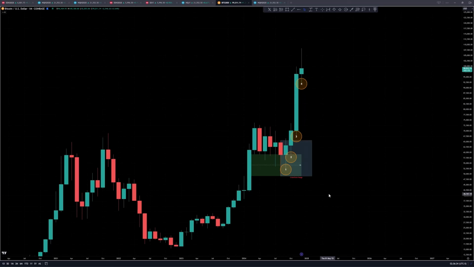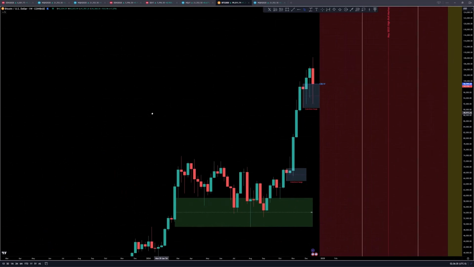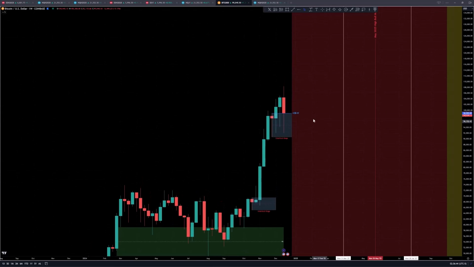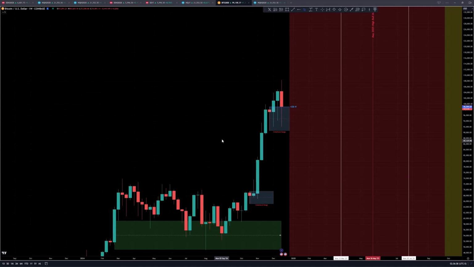Und wir müssen mittlerweile auf den Wochenchart übergehen und schauen, ob wir hier in diesen roten Bereich gehen. Rot ist jetzt nicht als Zeichen für Gefahr gedacht, sondern rot ist der bullische Zyklus. Wie gesagt, hier im Mai 2025 haben wir im Bitcoin unser Zyklushoch erreicht.